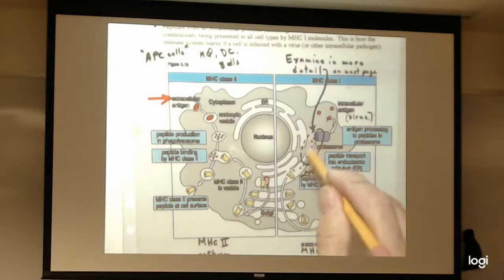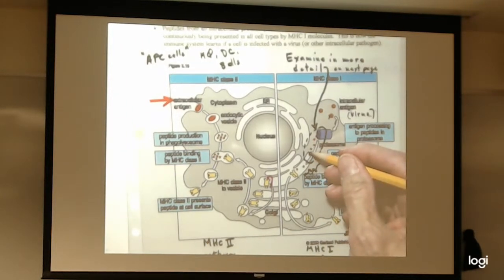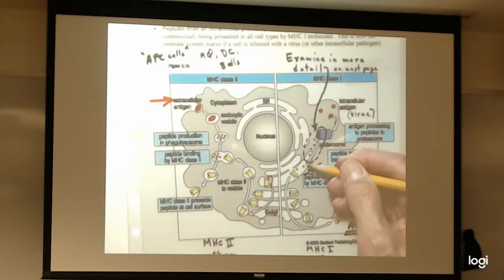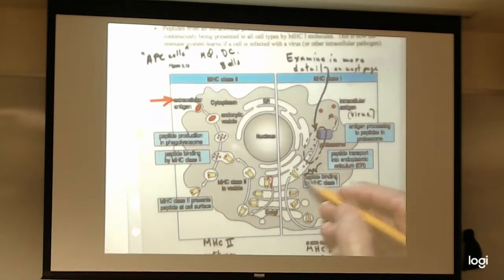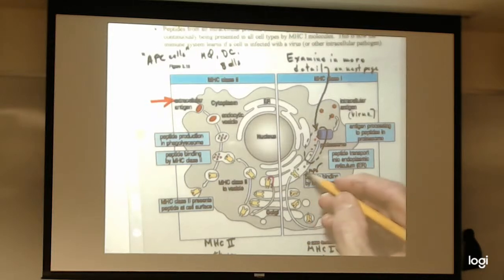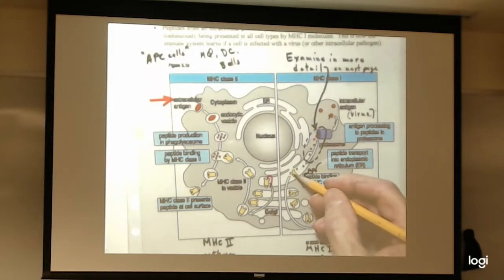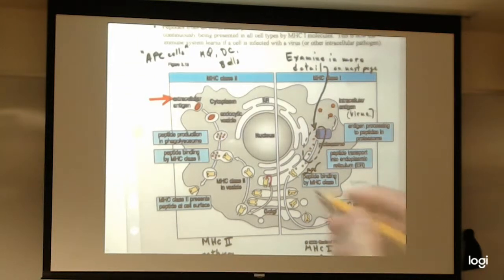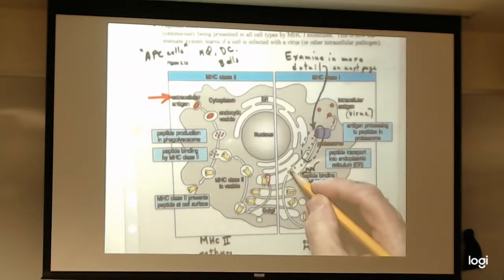Now, these peptides are transported across the membrane of the rough ER, and so they find their way now in the lumen of the ER. And here's a newly made MHC1 molecule, and it will not be permitted to leave the lumen of the ER and come up to the surface until it has found a peptide to which it can tightly bind.